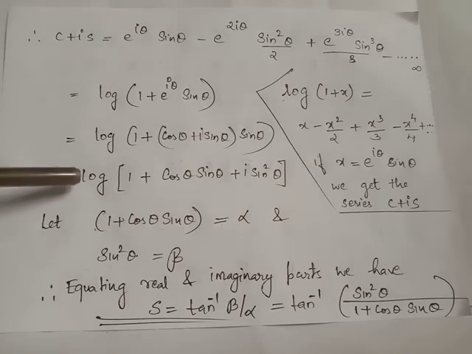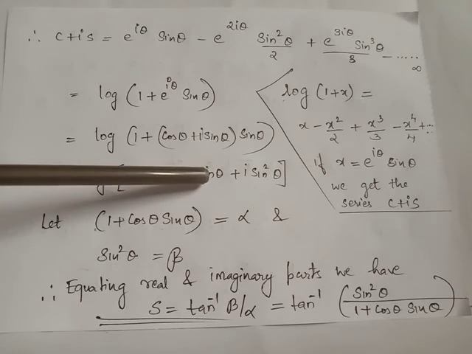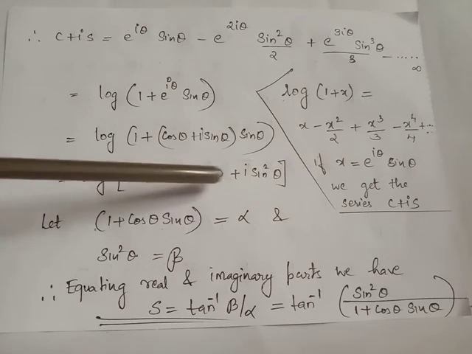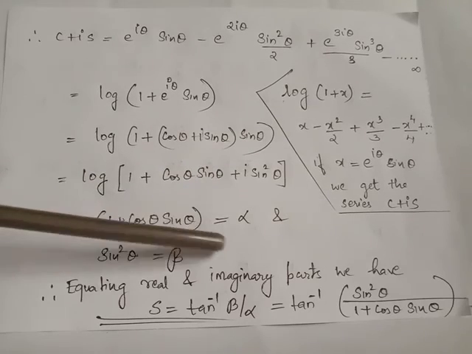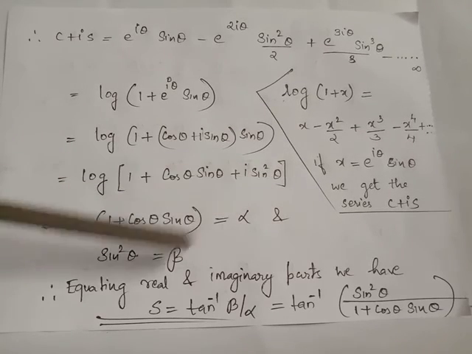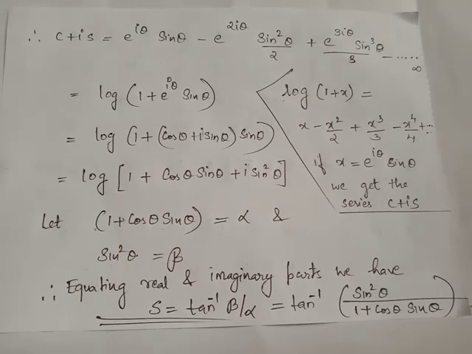Here we have log of 1 plus cos theta sin theta plus i times sin square theta. So this much is the real part alpha, and this sin square theta is the imaginary part beta. Now we can easily equate real and imaginary parts. Here the imaginary part is S, which is the given series, and here the imaginary part is sin square theta, which is inside the logarithmic function.